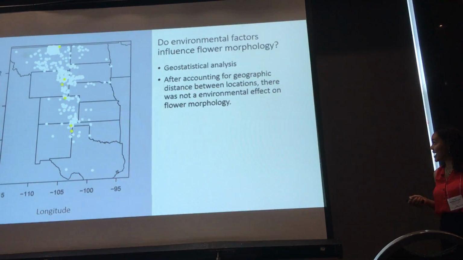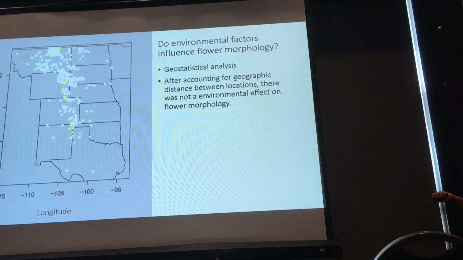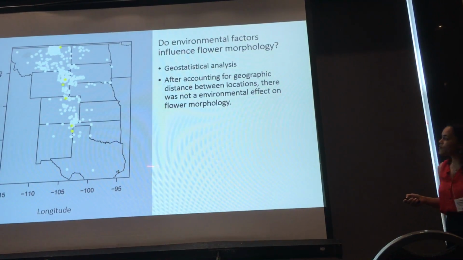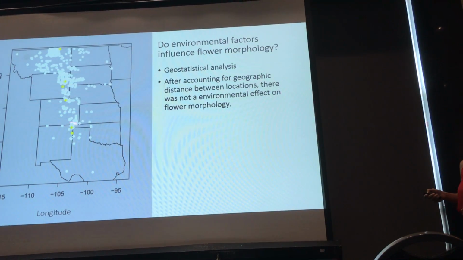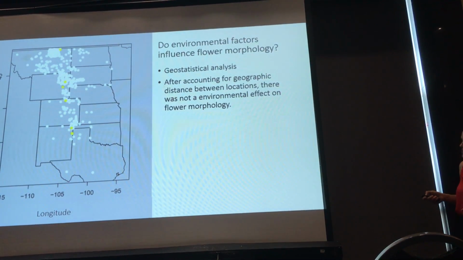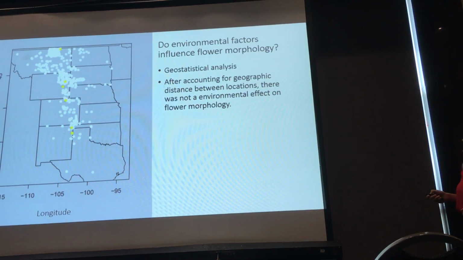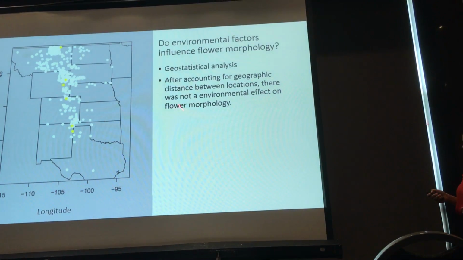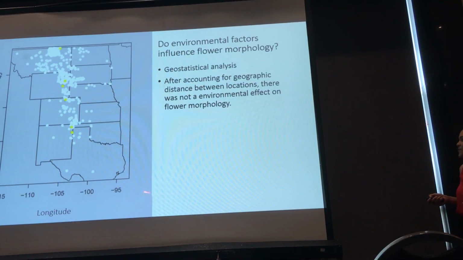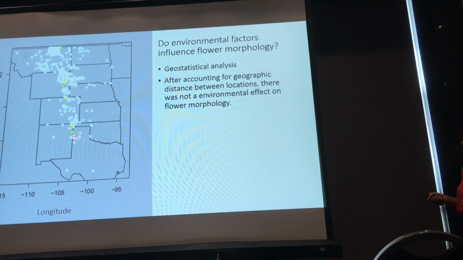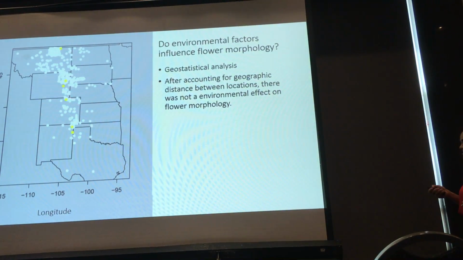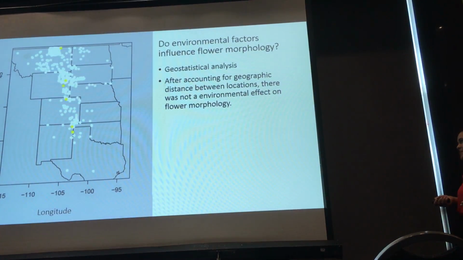The last question in this set is whether the environment has an effect on flower morphology. And here is a map of the natural distribution of Penstemon albidus in white and my sample sites in yellow, near the longitude and the latitude. And the answer to this question using our statistical analysis is no. So after taking into account that there is a great variation in the distance between these populations, there is no environmental effect.